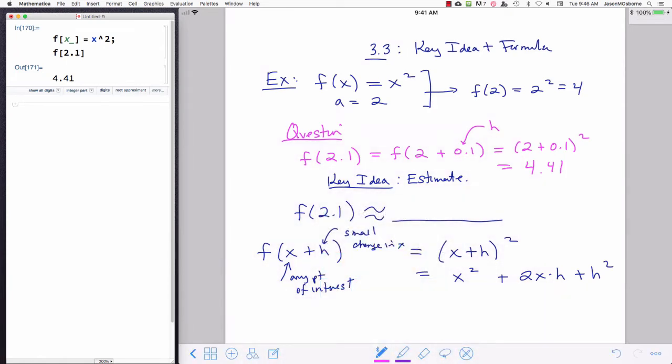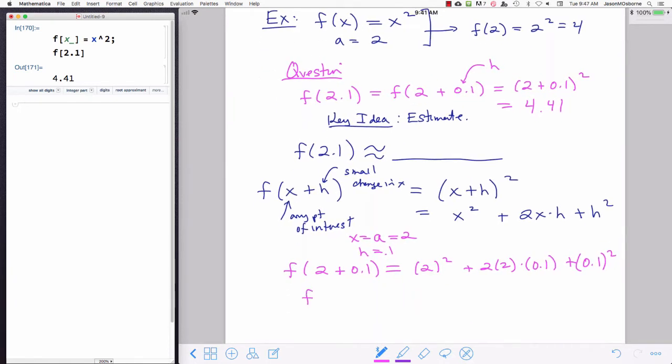For example, if you let x be 2 and h to be 0.1, what we've shown here is that f of 2 plus 0.1 is equal to 2 squared plus 2 times 2 times 0.1 plus 0.1 squared. Now we already know the answer here. We already know that the function evaluated at 2.1 is 4.41, right?